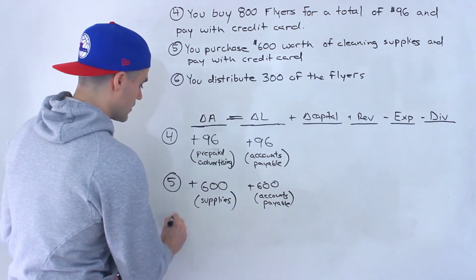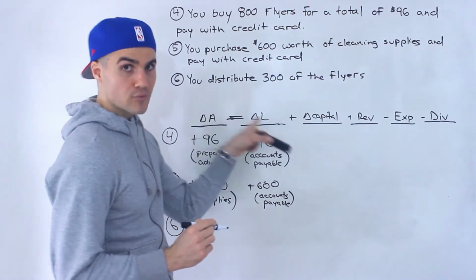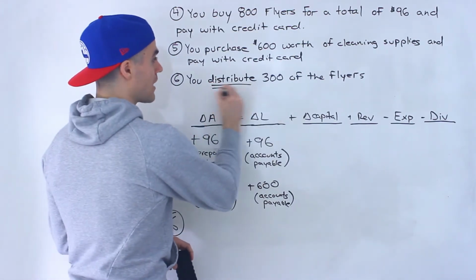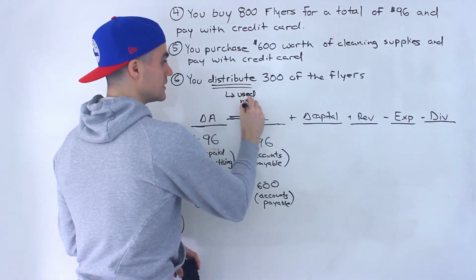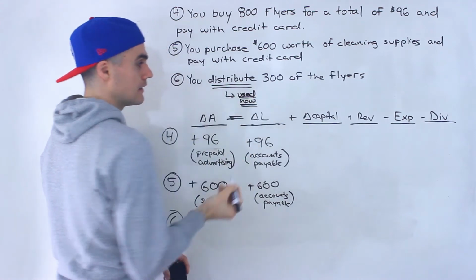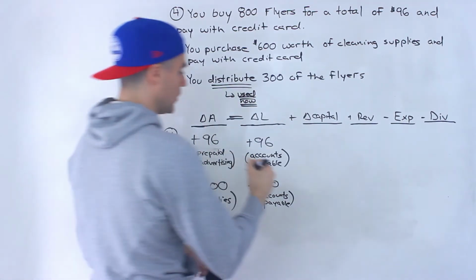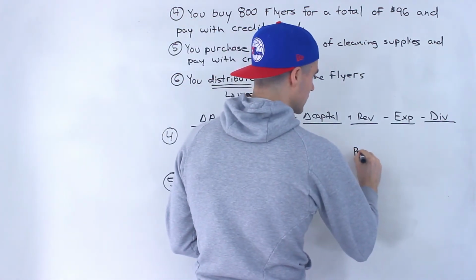And then for number 6, what happens is you distribute 300 of the flyers. And when you distribute the flyers, what does that mean? They're being used now in this period, meaning that that's going to be an expense. So what happened was we have this prepaid advertising asset.